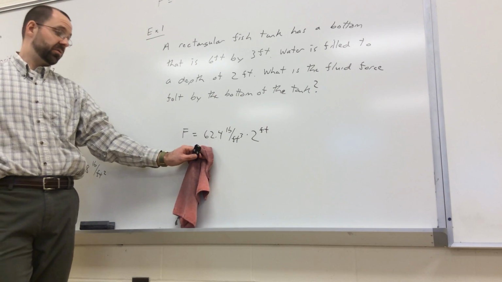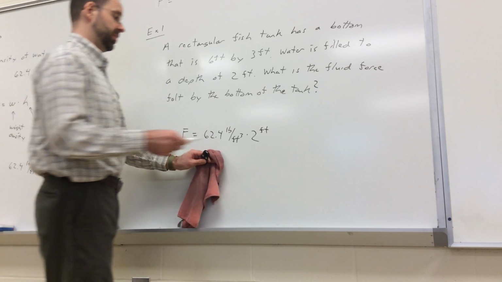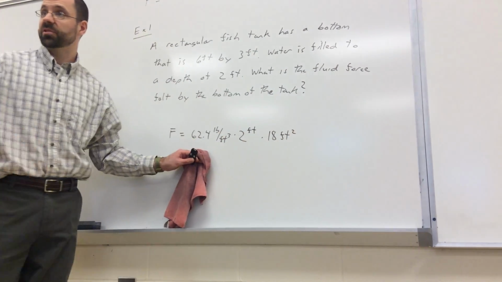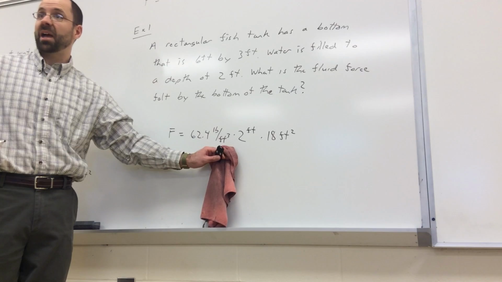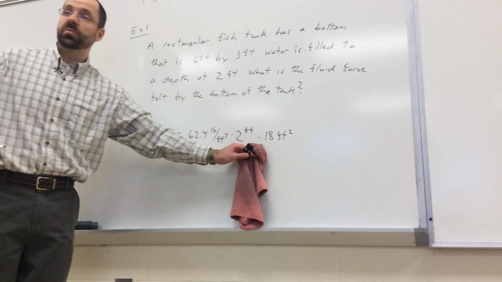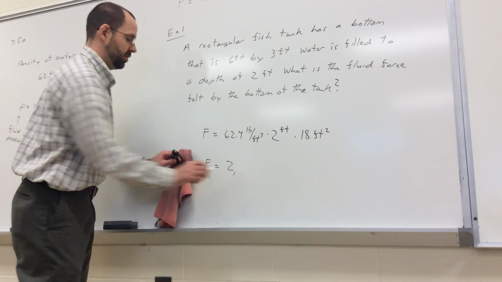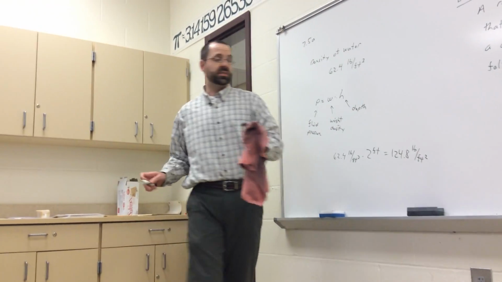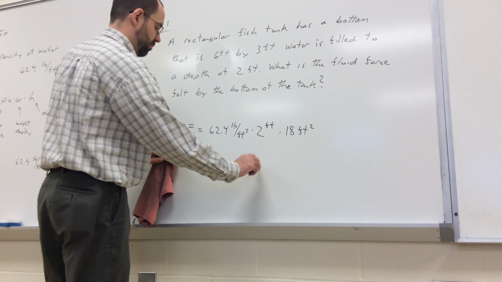So after you multiply that, you find out that it's 124.8 pounds per square foot. And then you multiply by the 18 square feet, because the bottom's 3 times 6 in square feet. So you get 2,246.4 pounds.